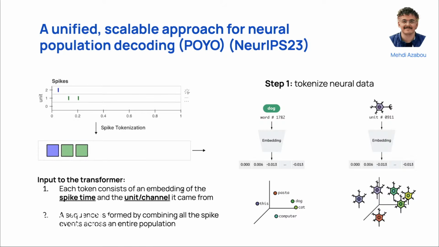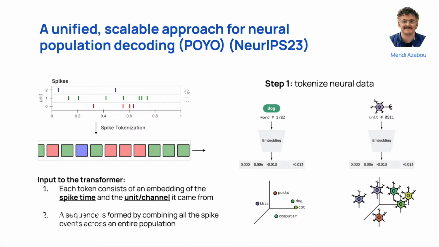So a few years ago now, we made a first attempt at building a transformer-based architecture that could deal with some of these underlying challenges, in particular the fact that you could get different numbers of neurons and not even the same neurons across different days, and of course across many animals where you have highly variable sets of underlying recordings.